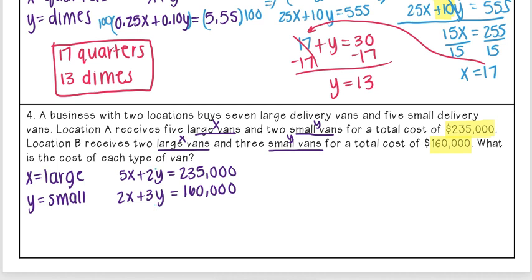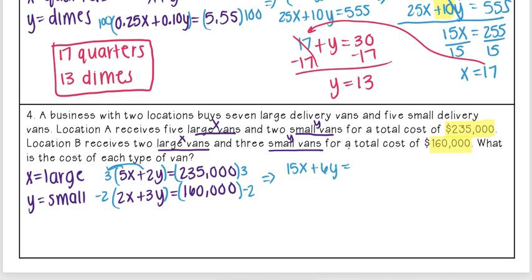So I'm going to go ahead and cancel out my y's, and to do that I'm going to multiply the top equation by 3 and the bottom equation by negative 2. And so that way the number in front of y is going to be 6 and negative 6. So I'm going to do that. 3 times 5x is 15x. 3 times 2y is 6y.